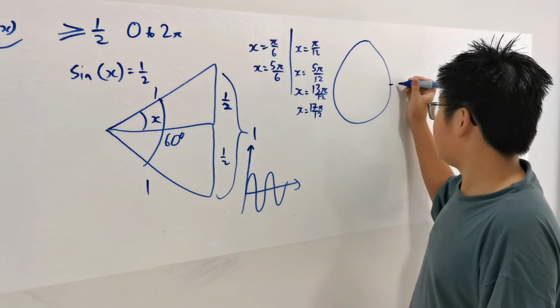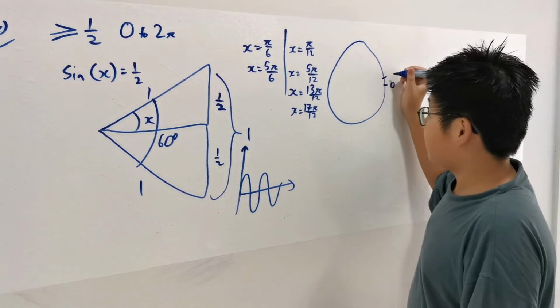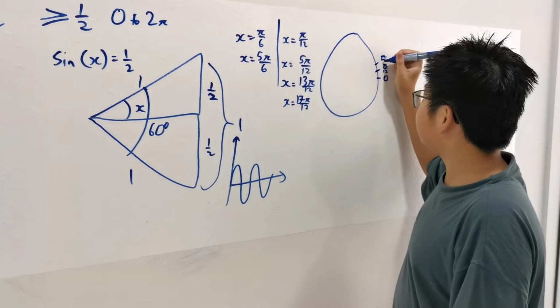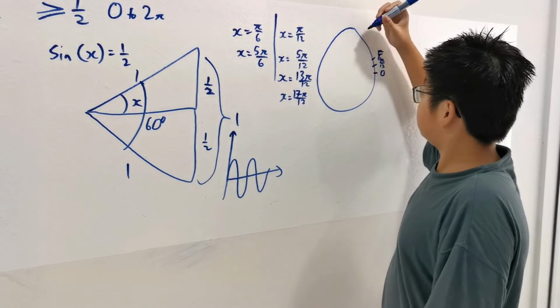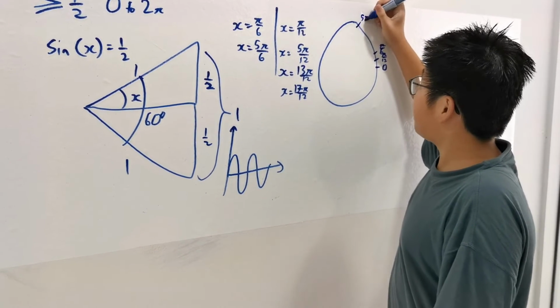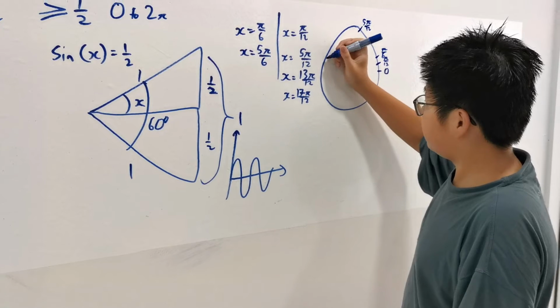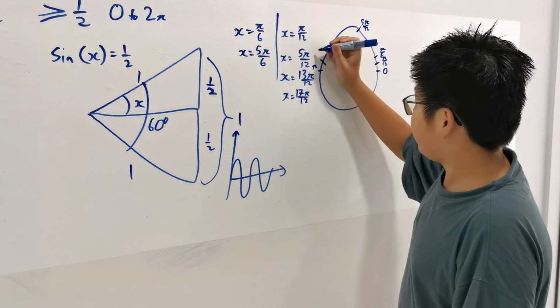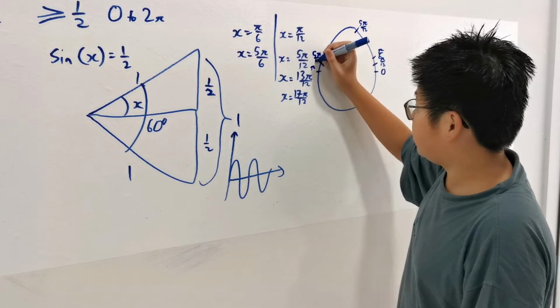Now, we start at 0 here, then we have pi over 12, pi over 6, 5 pi over 12, so we put pi here, then we have 5 pi over 6.